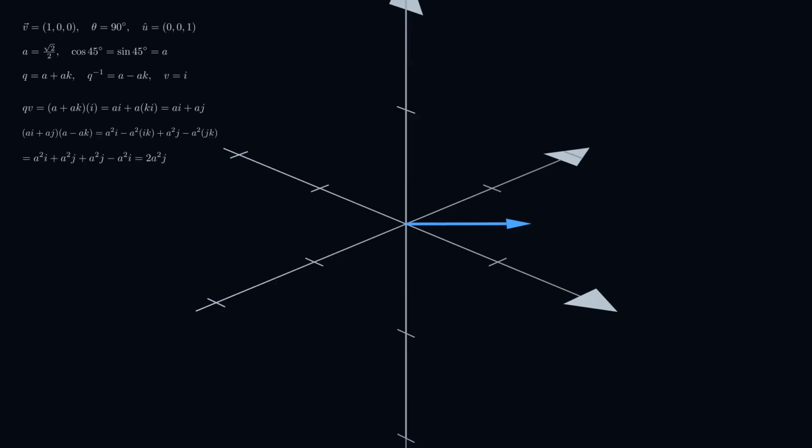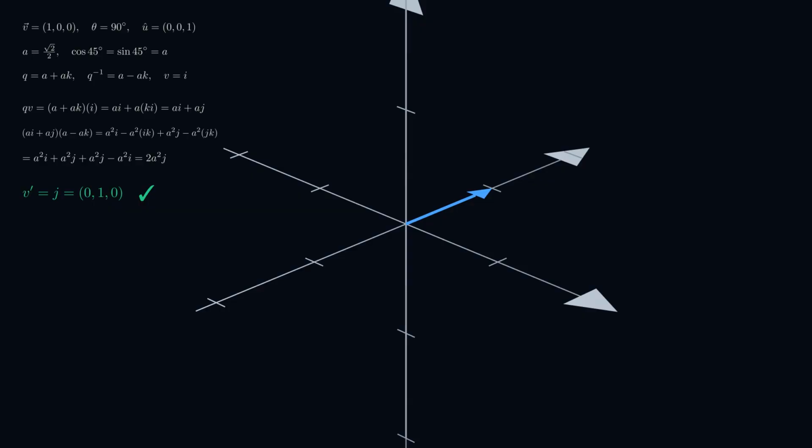Using ik equals negative j and jk equals i from the table, that's a squared i plus a squared j plus a squared j minus a squared i equals 2 a squared j, with a squared equal to 1/2. This gives v prime equals j equals 0, 1, 0. A 90-degree counterclockwise rotation of 1, 0, 0 about the z-axis should land exactly on 0, 1, 0.